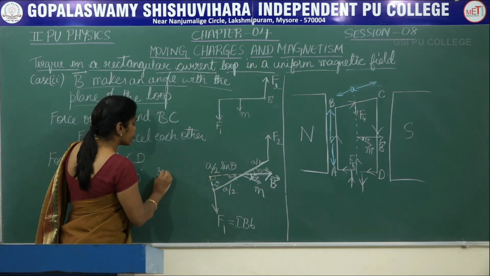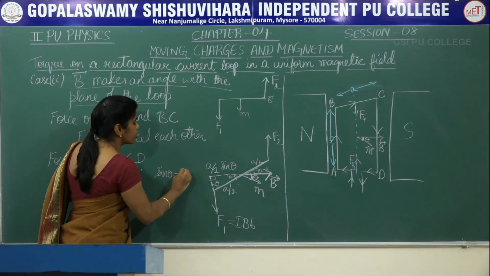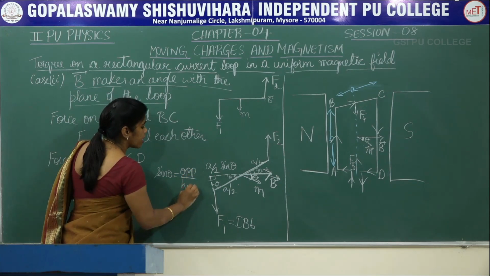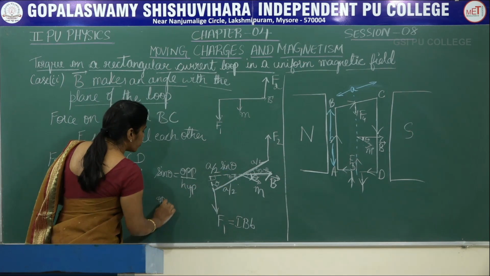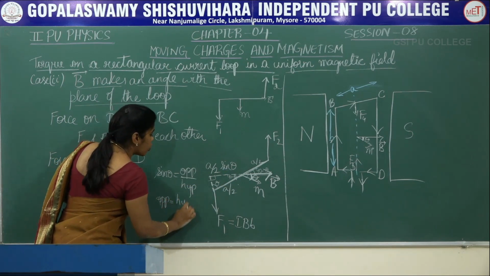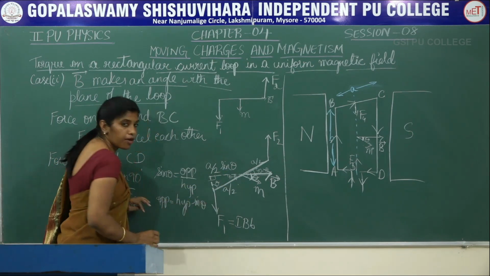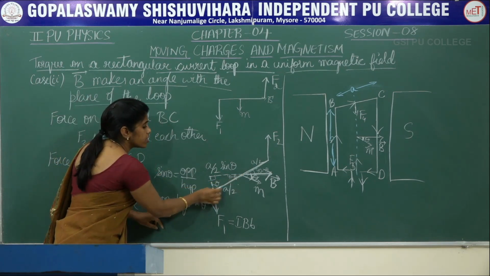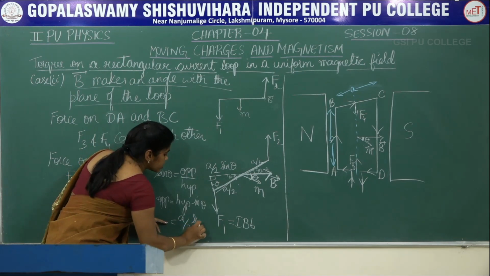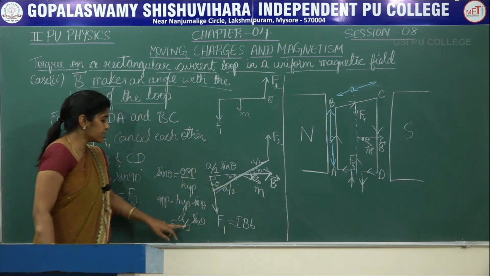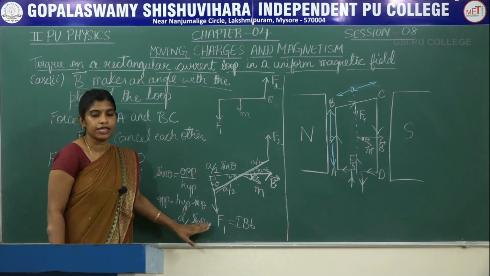That is, sin theta is equal to opposite by hypotenuse. I want to find out this opposite side. Therefore, opposite is equal to hypotenuse into sin theta. What is the hypotenuse here? That is nothing but a by 2. Therefore, this opposite side is nothing but a by 2 sin theta.